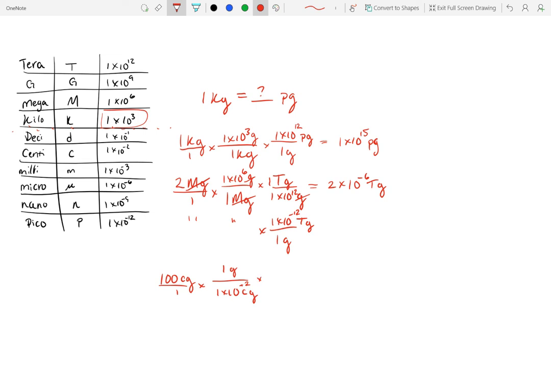So now let's convert into the milligram. In 1 gram, there is 1 times 10 to the 3 milligrams, right? And that gets us to an answer of 100 times 10 to the 1, which, when you convert that to scientific notation, is 1.00 times 10 to the 3 milligrams in 100 centigrams, right?